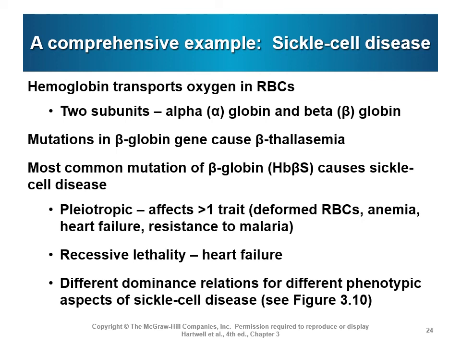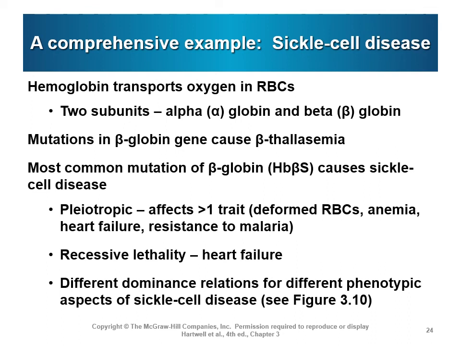Let's examine another case of mutation: sickle cell anemia. It's a result of a mutation in a single amino acid in hemoglobin. Hemoglobin transports oxygen and CO2 in red blood cells. It is composed of two subunits, alpha globin and beta globin.